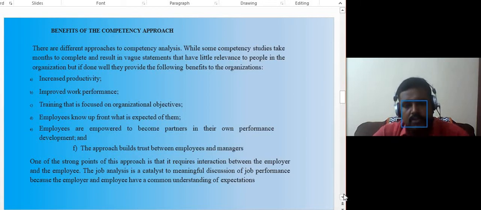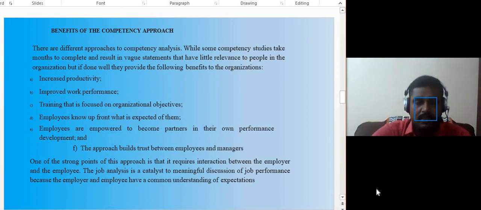A point of this approach is that it requires interaction between the employer and employee. So the job analysis is a catalyst to meaningful discussion of job performance, because the employer and employee have a common understanding of expectations.